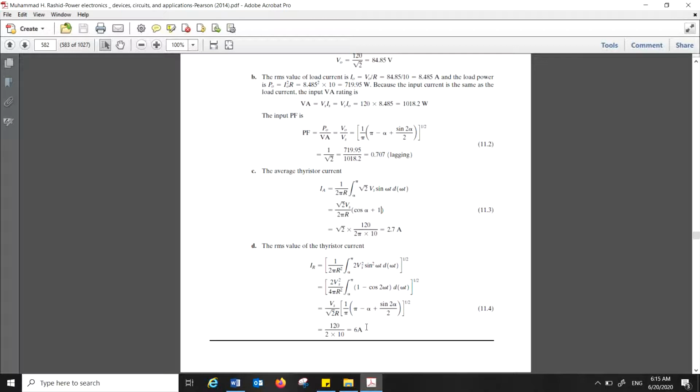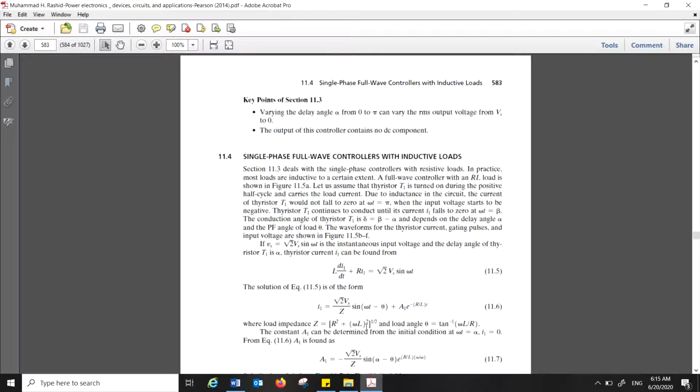I think these things are clear to you. The key points are just these: the output of this controller contains no DC components because it's an AC to AC converter, and you can see this from the output of the controller.